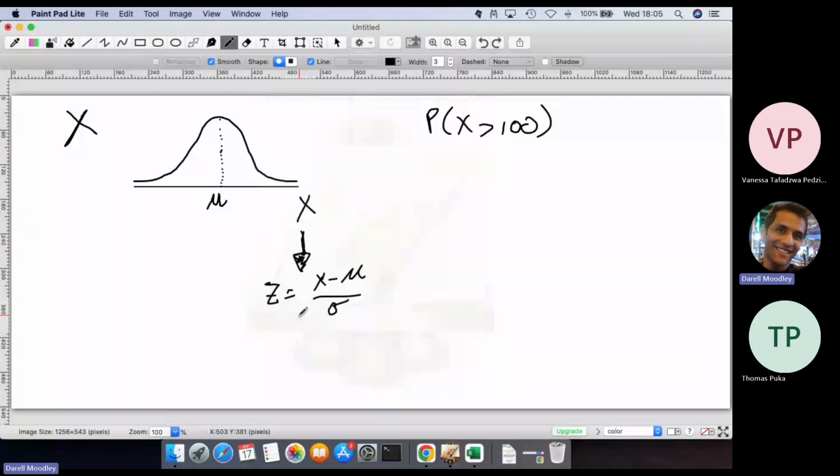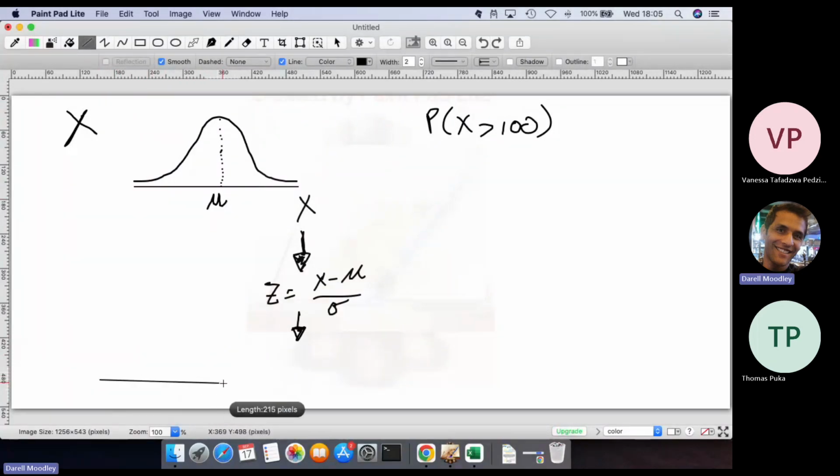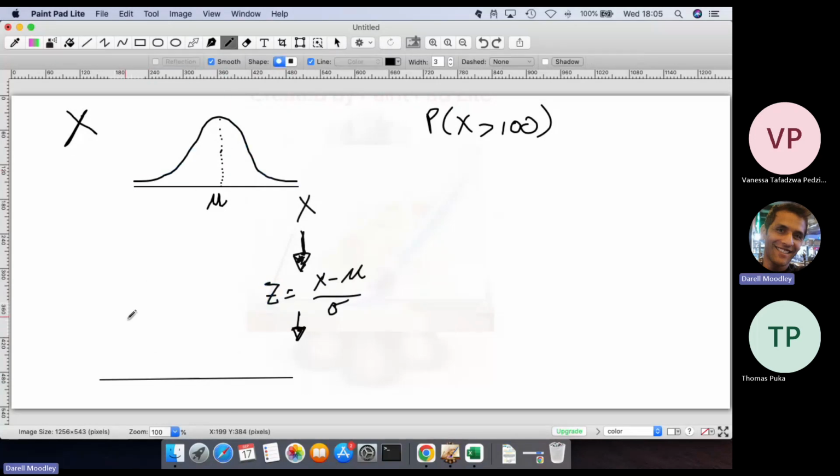All right, and then once you do that, you can use this distribution, which is in the back of your textbook, which has a table that can assist you in finding these probabilities.